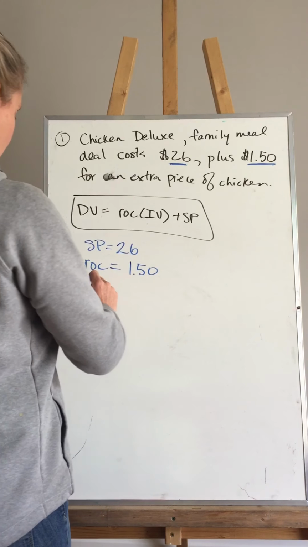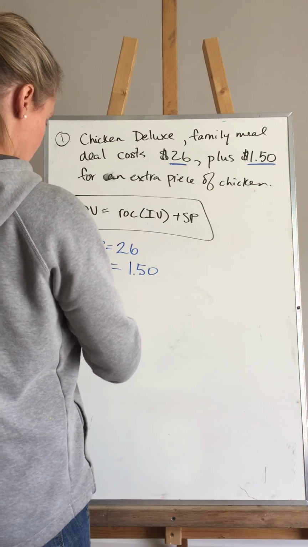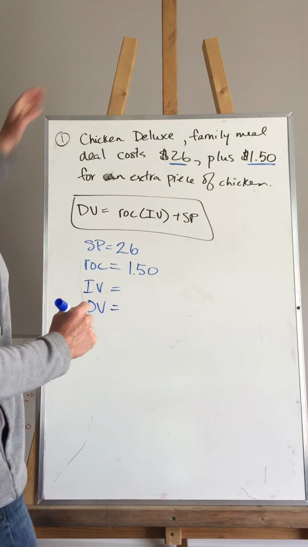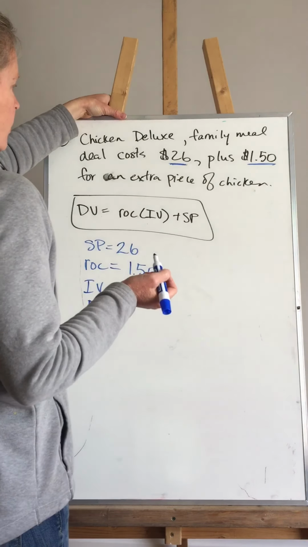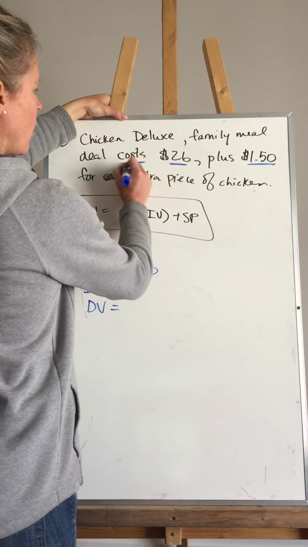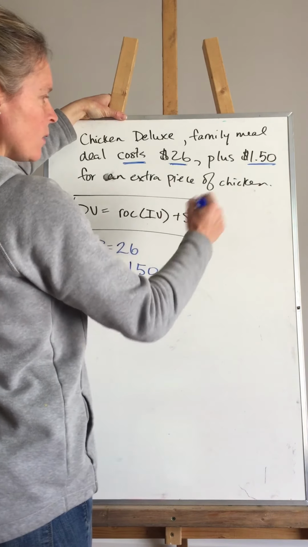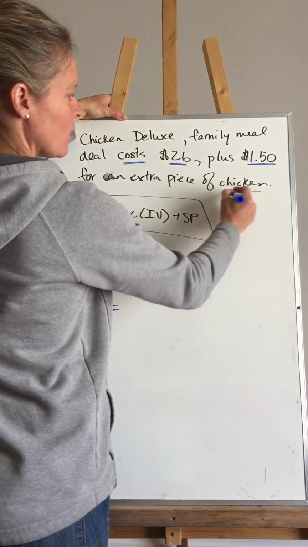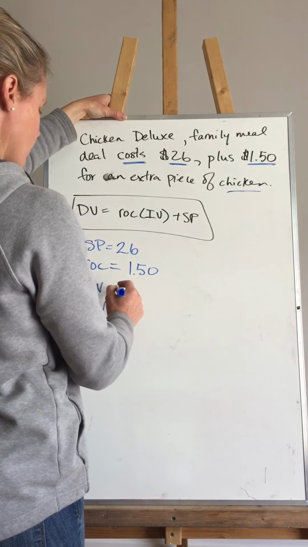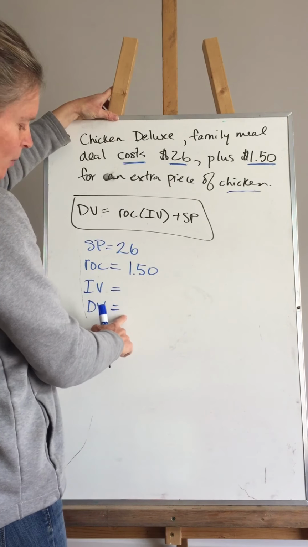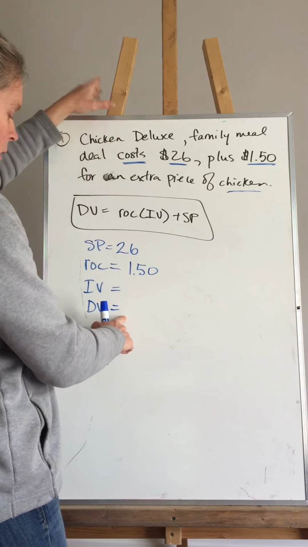Then we have the independent variable and the dependent variable. You have to ask yourself, what are the variables here? One is going to be the cost. The other is what it's going up by, which is the piece of chicken. So my independent variable is the number of pieces of chicken, and my dependent variable is the cost.